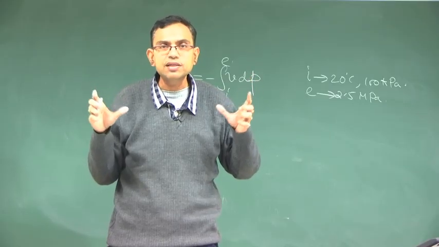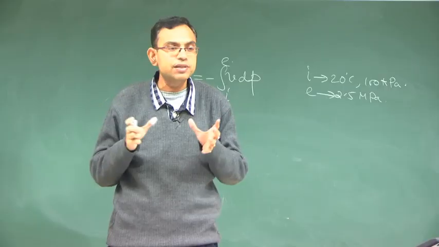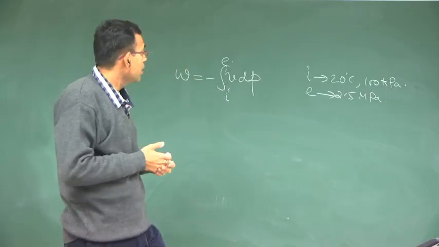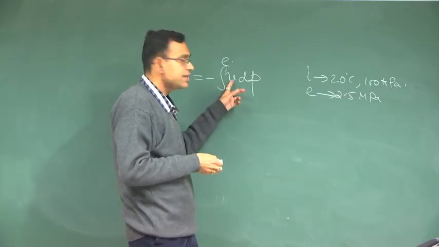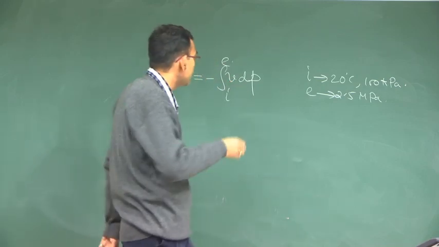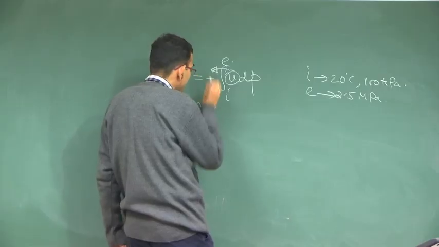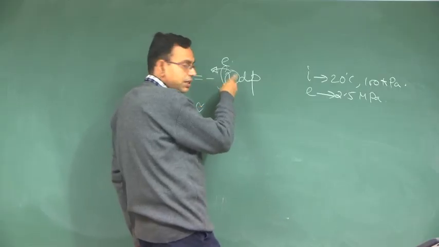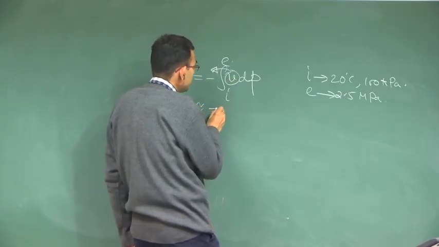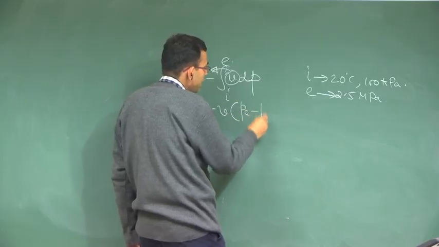Pump handles a fluid which is virtually incompressible. So, that means this V is roughly constant. So, because this V is roughly constant, you can take this V out of the integration. Not exactly constant, but approximately constant. So, this is minus V, integral of dP is P minus Pi.